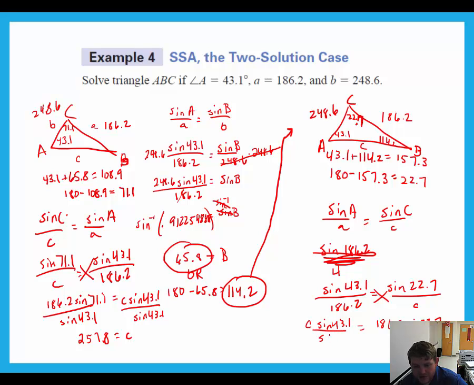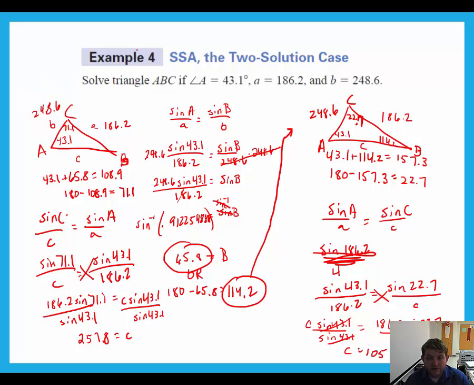So when you divide by sine 43.1, these cancel. C is equal to 186.2 times sine 22.7 divided by sine 43.1. And so C is equal to 105.2. These are both solutions to this particular case.